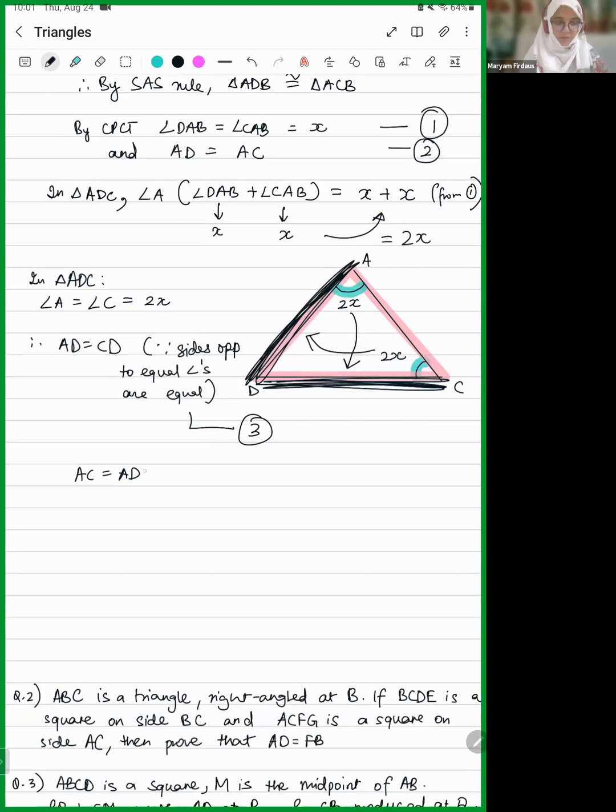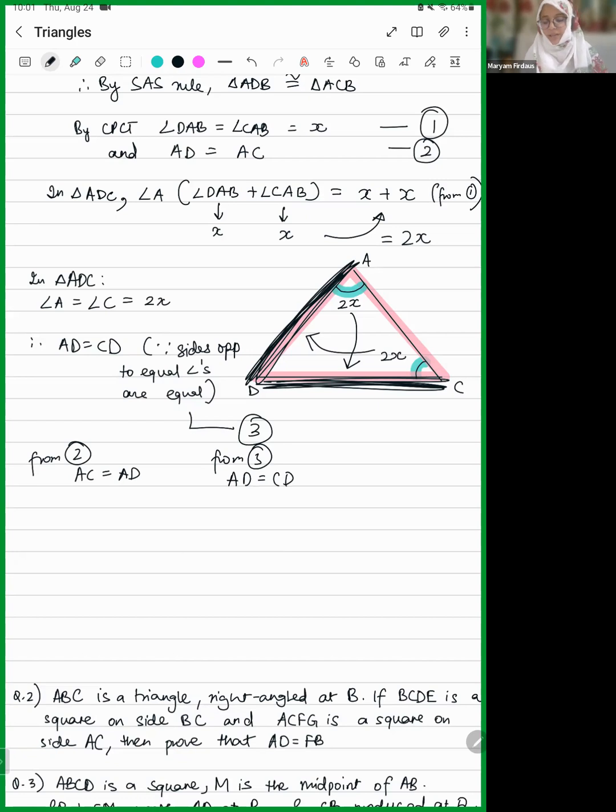Okay. So since AC equals AD and AD equals CD. From 2, what do we have? We have AC equals AD. And from 3, we have AD equals CD.